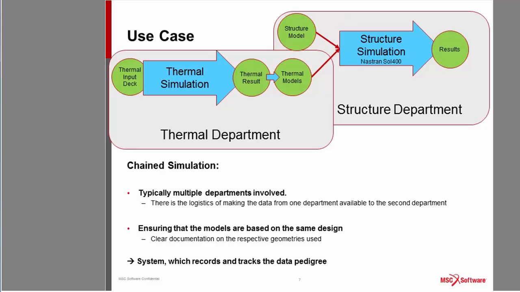Once this department has generated those thermal distributions, these models are passed to the structure department, which then runs structural simulations, taking as input the output of the thermal models of the thermal department.